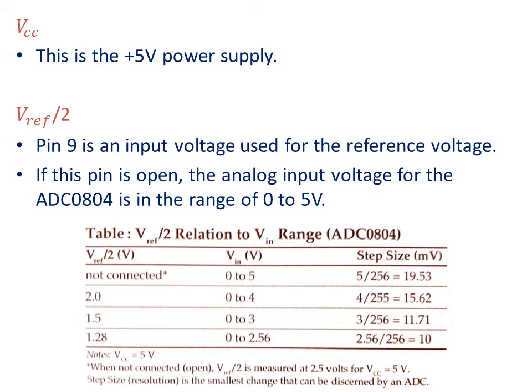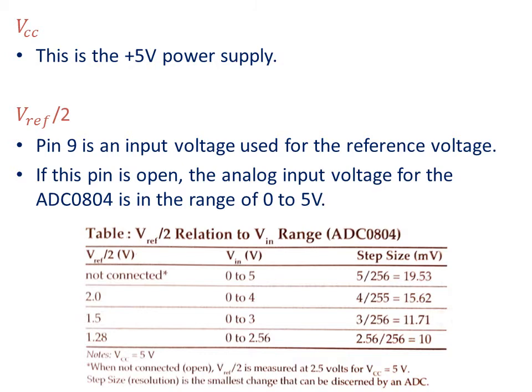However, there are many applications where the analog input applied to Vin needs to be other than the 0 to 5 volt range. So VREF by 2 is used to implement analog input voltages other than 0 to 5 volt. For example, if the analog input range needs to be 0 to 4 volt, in that case VREF by 2 is connected to 2 volt.